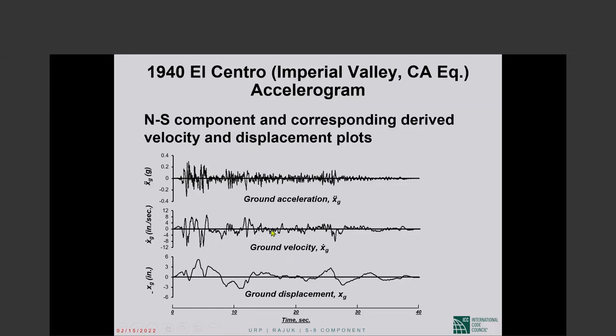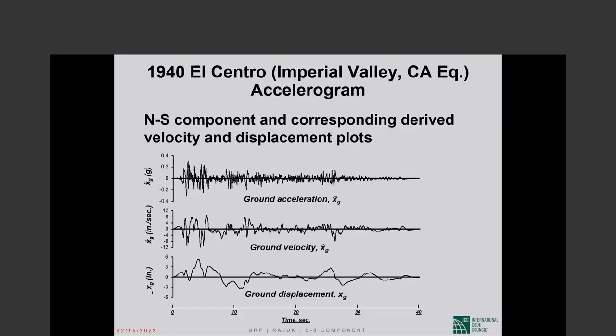The agencies would also integrate this history of velocities with respect to time, obtaining a trace of ground displacements. This ground displacement plot is downright ponderous. The period is long. If you compare this with that, it's a huge contrast.